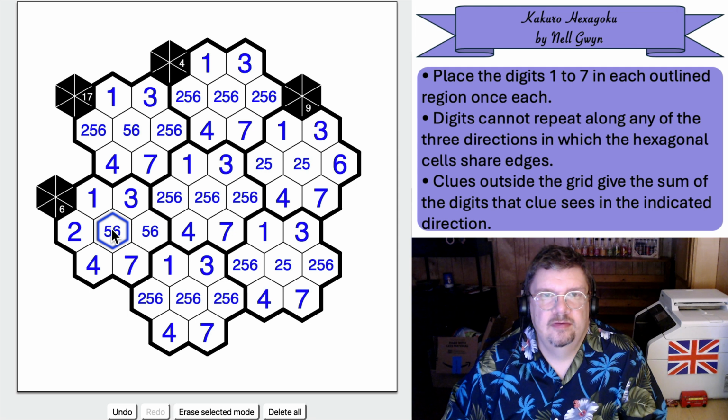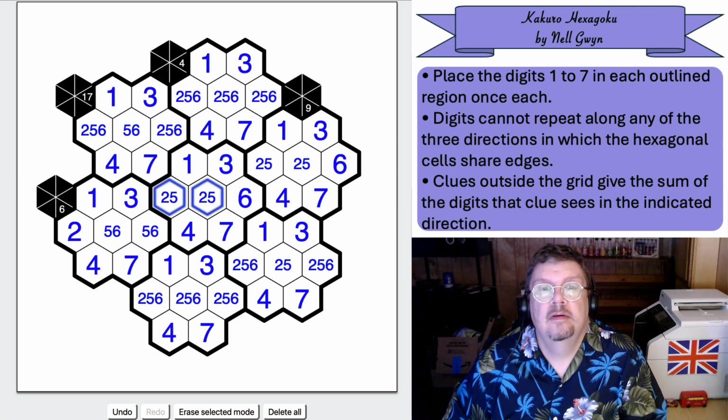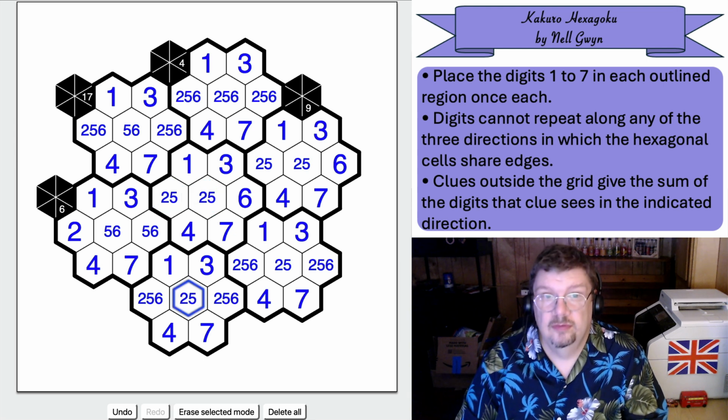Because if this is 6, then these two become 2 and 5. In particular, this is 2 and 5, and that's 2 and 5, and that's 6. So either one of those being 6 makes this 6. All right. How does that help? That means that that is not 6.